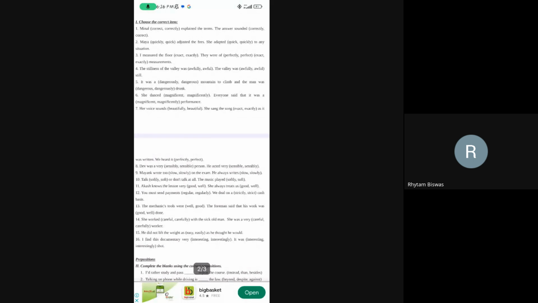How was something done? So it also tells you that the most commonly accepted positioning of the adverb in a sentence is before the verb, but because adverbs are also fluid categories, they can be found elsewhere in the sentence also. There's only one position where the appearance of adverbs is restricted, and that is at the end of the sentence.